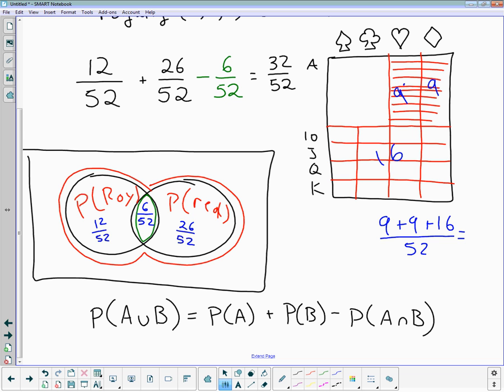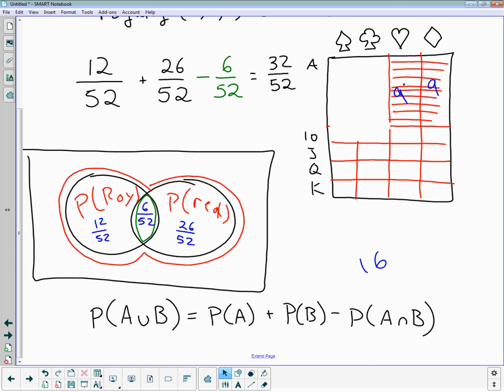These 2 10s aren't allowed, because it's not a royalty and it's not a red. That would be the 10 of spades and the 10 of clubs. 10 and 12, so 32 out of 52.